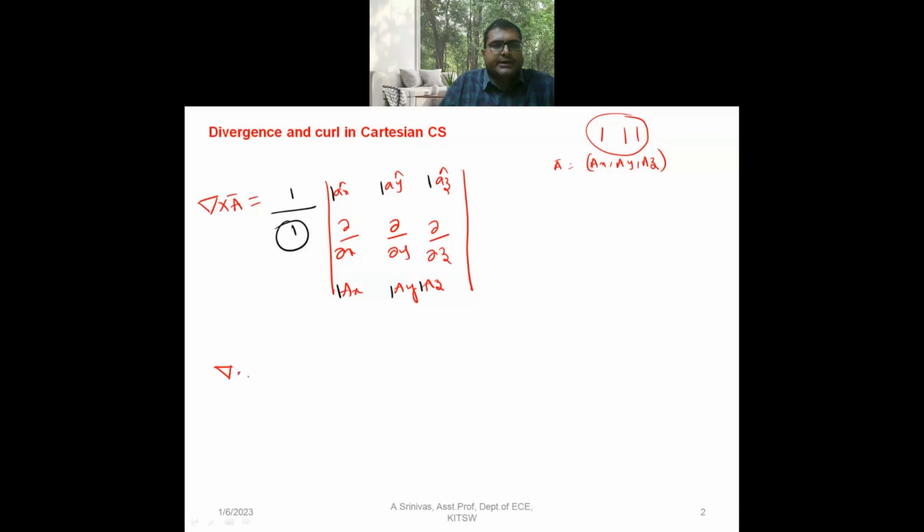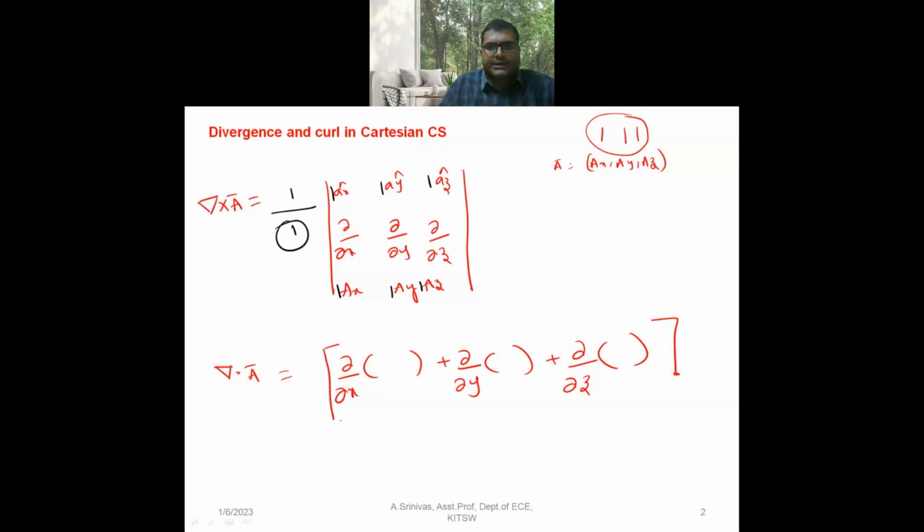Del dot A. Del dot A is a scalar quantity: dou by dou X of, plus dou by dou Y of, plus dou by dou Z of, close the bracket.